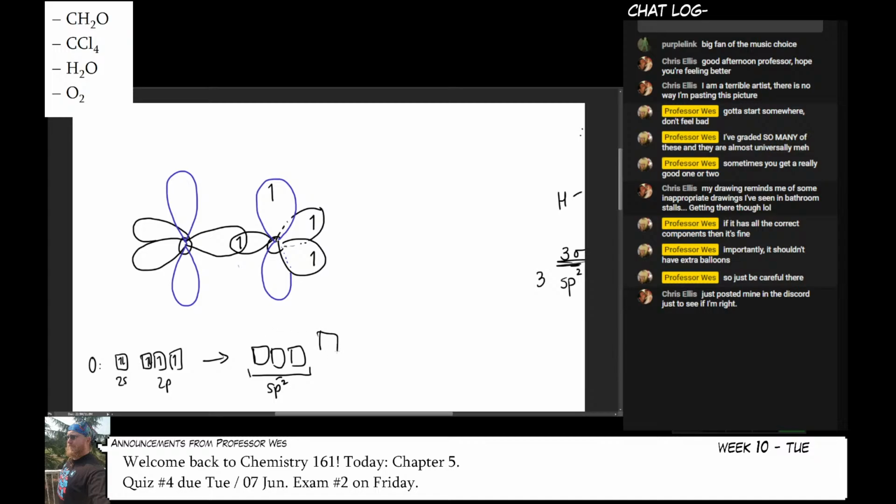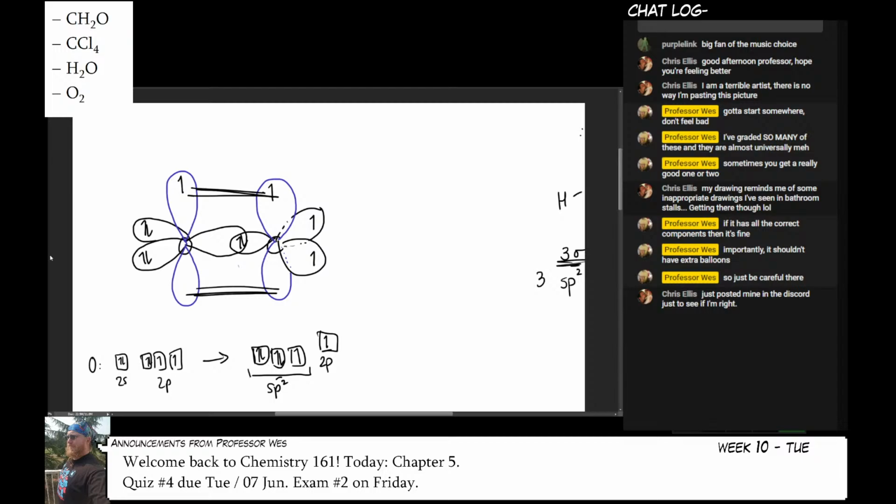I'll just do that. So one of those electrons gets saved. That looks like this. So I'd have 1, 2, 3, 4, 5, 6. So there's my bond between carbon and oxygen, which is also down here.